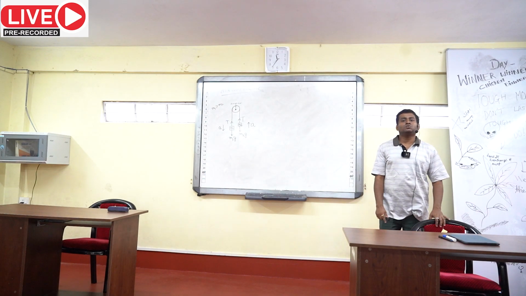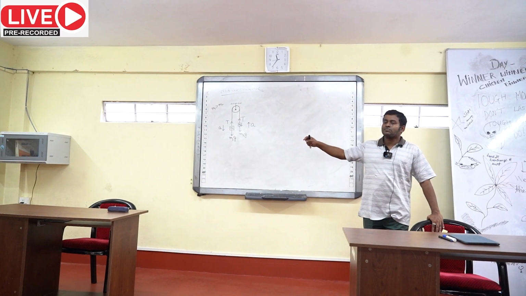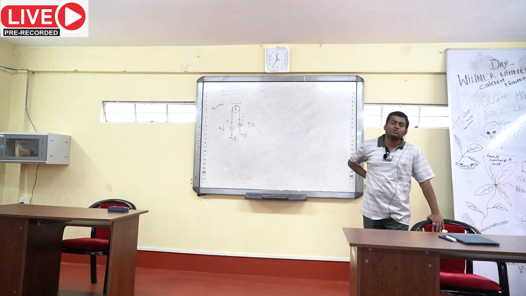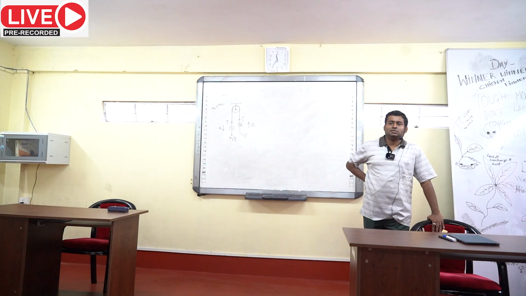Now you have to write Newton's second law for each of the masses. So tell me, for M1 what is Newton's second law? First identify what is the net force. In which direction does M1 accelerate? Downward. So which force is greater, downward or upward? Downward force will be greater than the upward force.